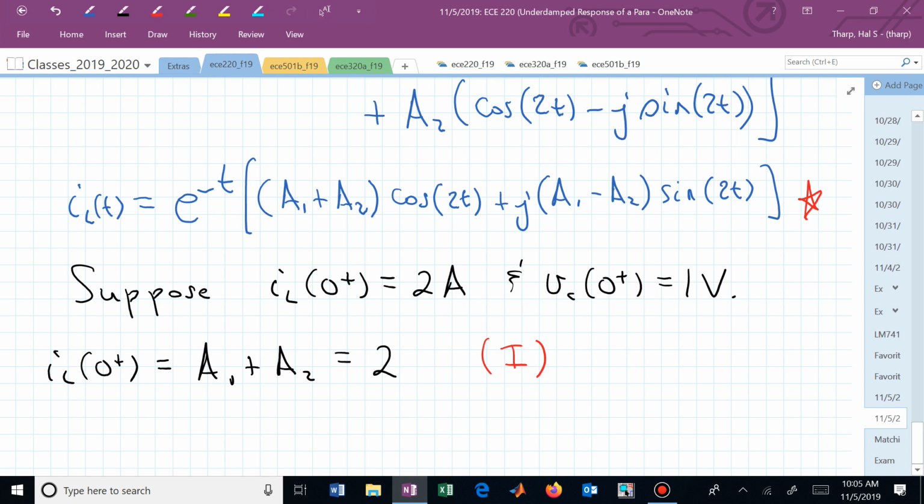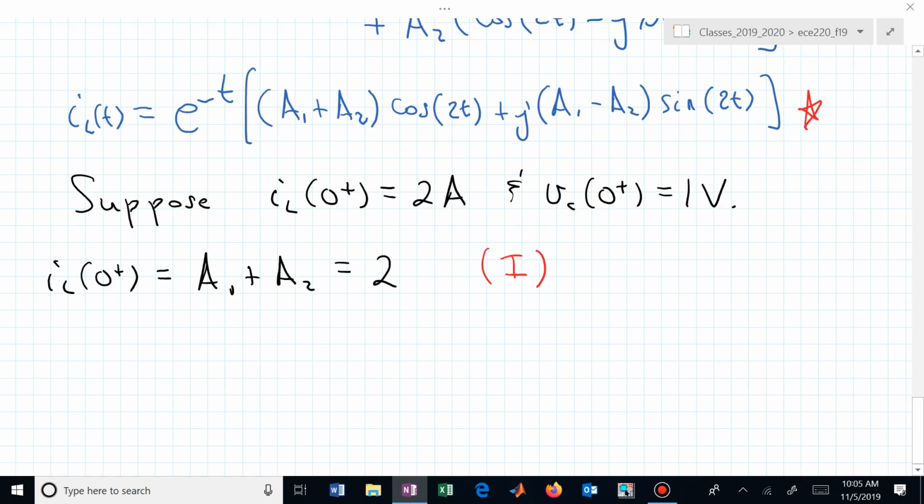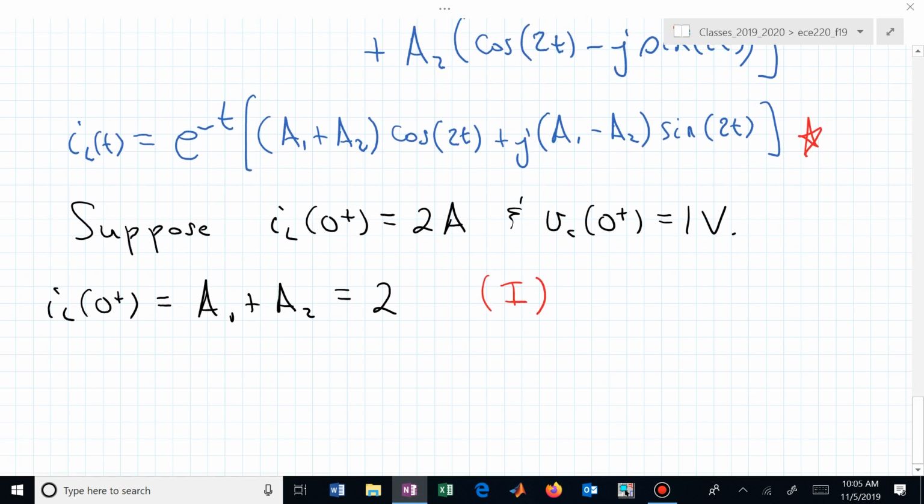The next one now is a little bit more interesting. We now need to differentiate that star equation with respect to time to find the time rate of change of I at time 0 plus. Well, let me not do that evaluation just yet.